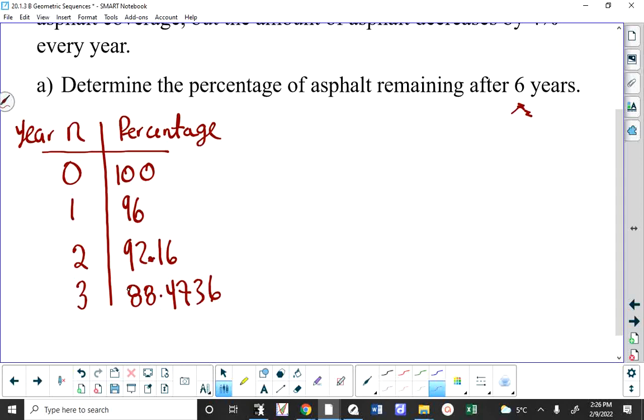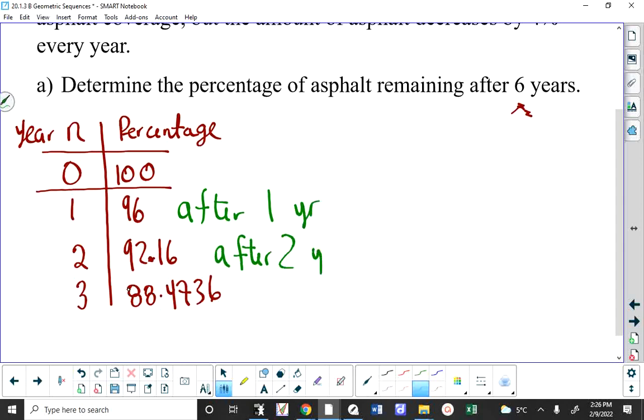Okay. What I would like you to do, and by the way, we don't really care about anything above that line because we want to talk about the first term, the second term, the third term, etc. And the first term is the percent after 1 year. This is after 2 years.